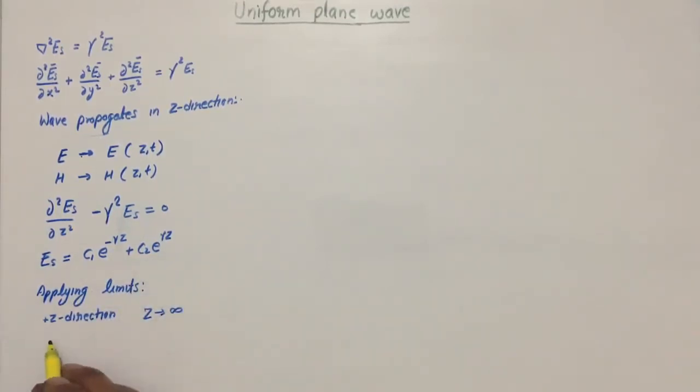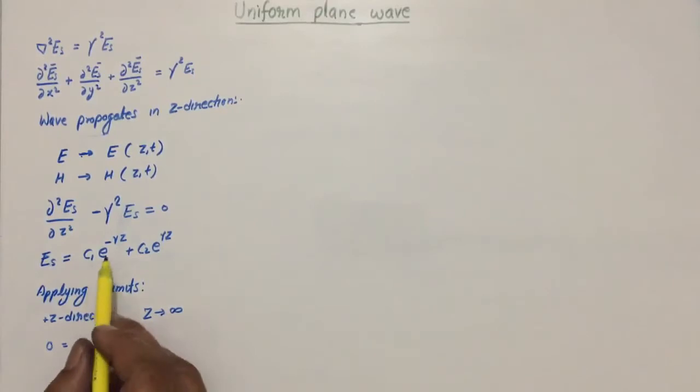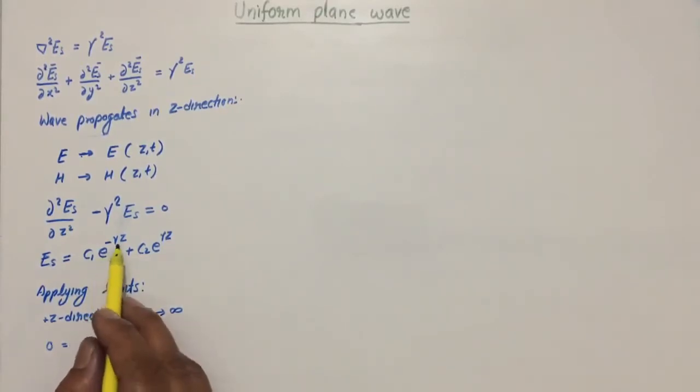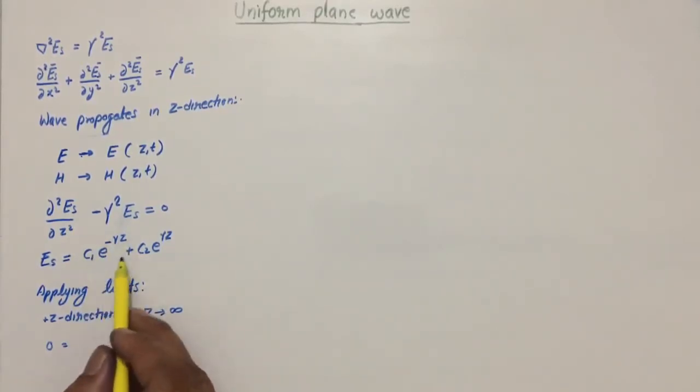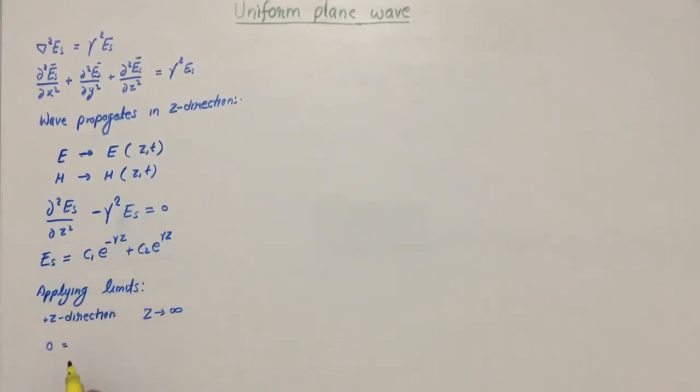So Es will be 0 if z tends to infinite, and the term C1 divided by a very high value, minus infinite, plus C2 e to the power infinite. This first term will be 0 as it is in the denominator with a very high value.